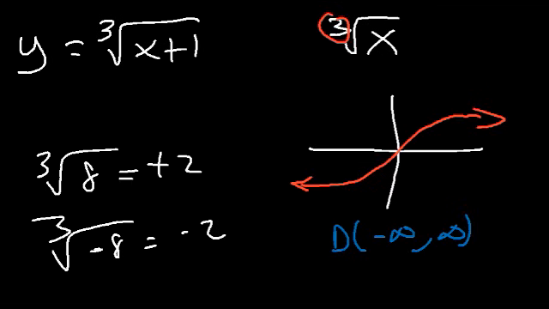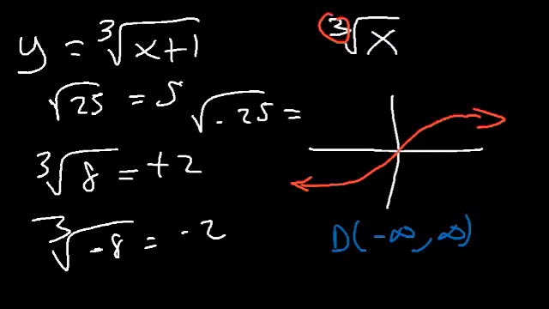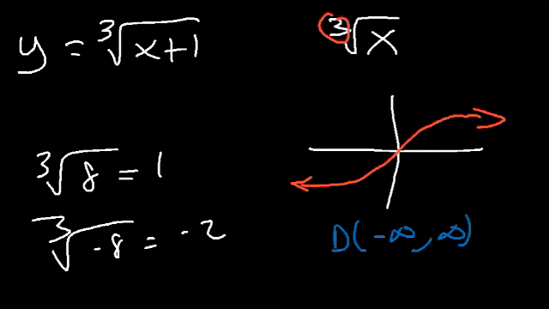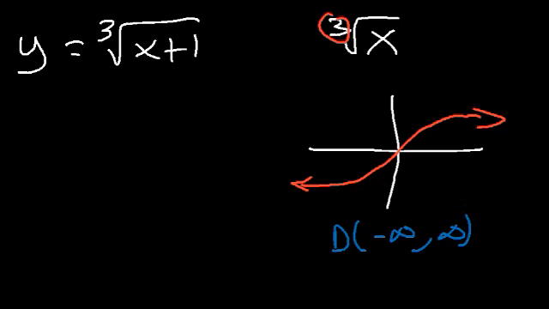So you could take the cube root of positive and negative numbers. The square root of 25 is 5, but the square root of negative 25 is an imaginary number, it's 5i. So that's why you can't take the square root of negative numbers. It doesn't give a real solution. And so that's why if you have an even index number, the domain and range will be restricted. But if it's odd, the domain and range will be all real numbers, negative infinity to infinity.